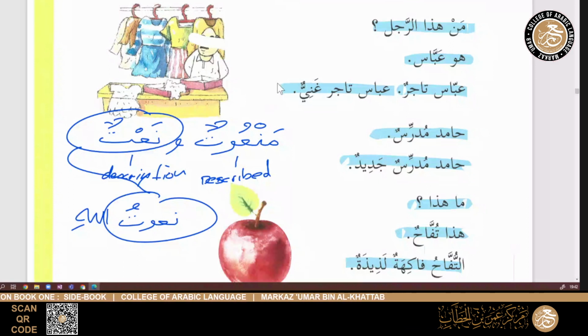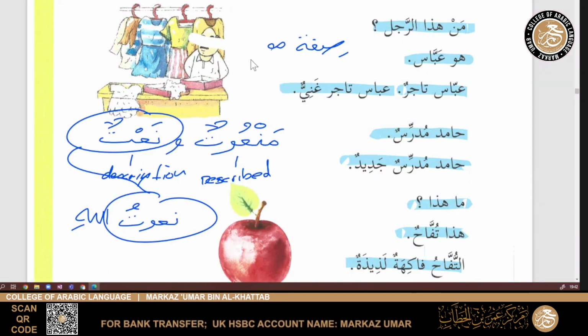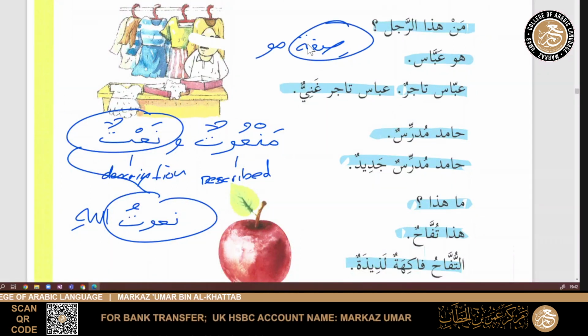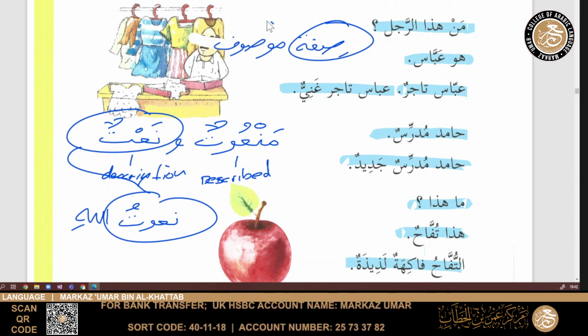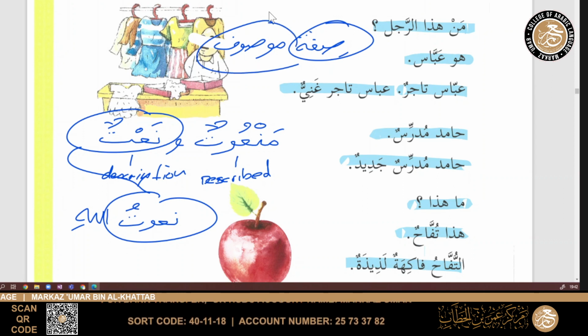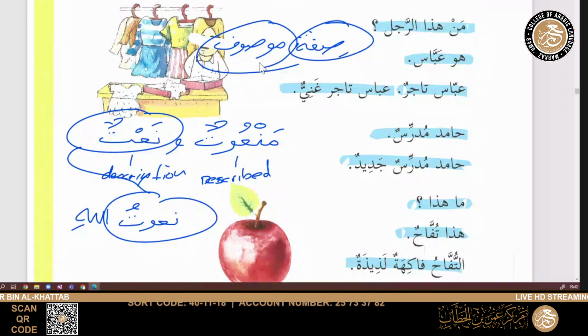And what the author mentions in one of his books is that this is also known as sifa mawsuf, the description or the adjective and the described. But he says this terminology is an Indian terminology. So sifa mawsuf, in classical Arabic, is known as man'ut wa na'at.